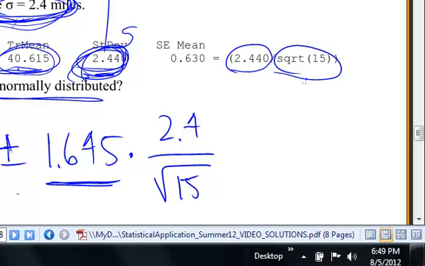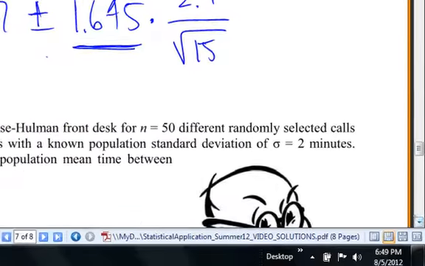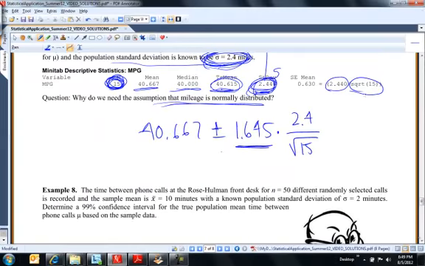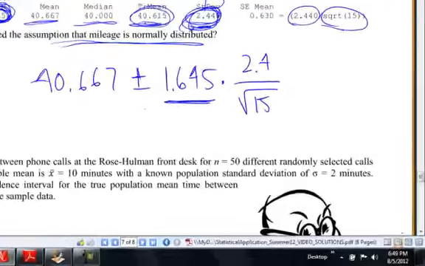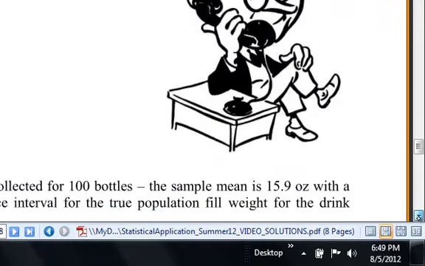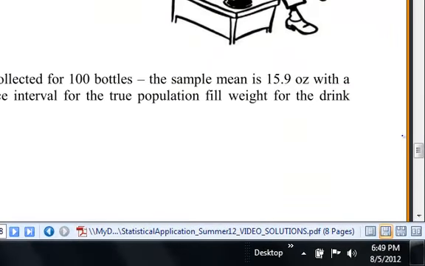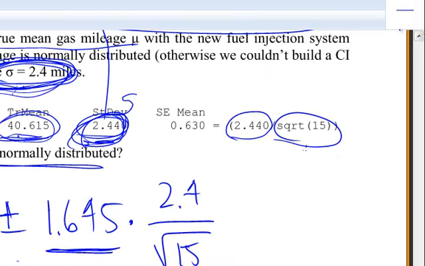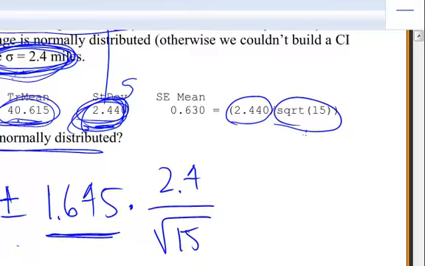Subtract, you get the lower end; add, you get the upper end. So there's my confidence interval, and even when I build it, I don't know if it contains mu or not. That's the chance that we're taking. You get a random sample and you hope it's representative and that you'll capture mu. I guess I'll skip this one right now.